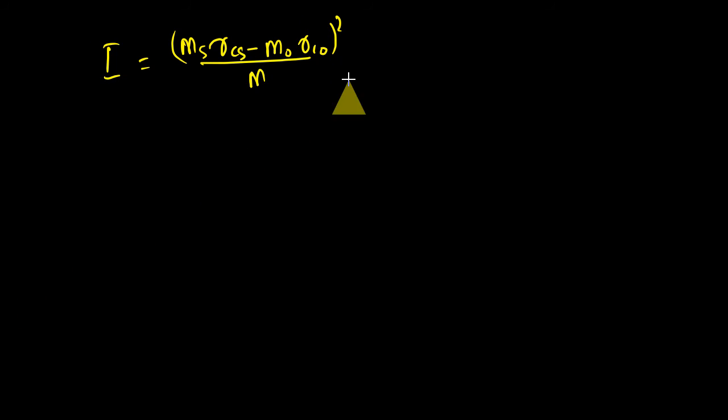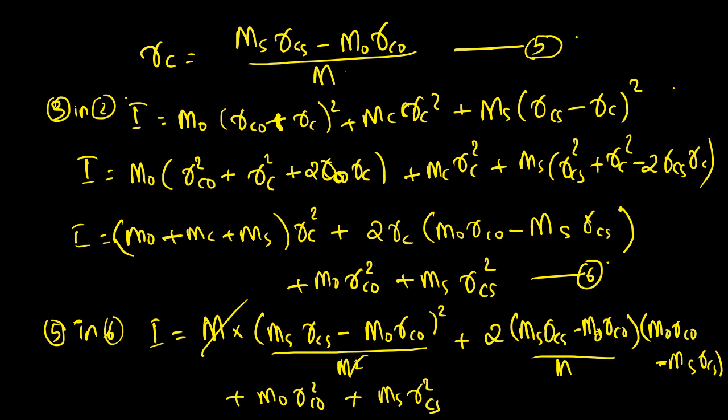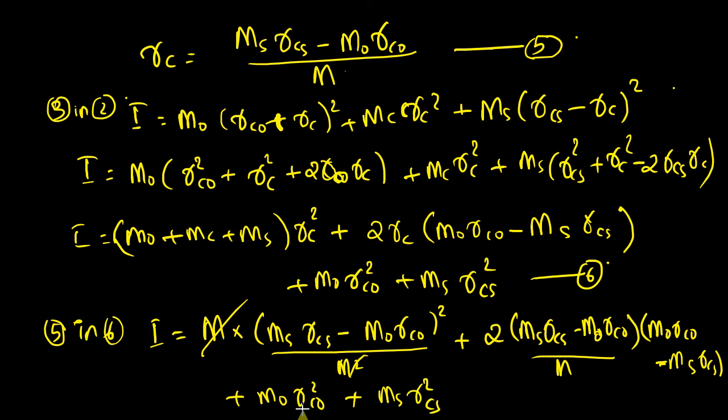So let us write minus 2 by M into M_S R_CS minus M_O R_CO the whole square. Okay, then the remaining two terms are M_O R_CO square plus M_S R_CS square.